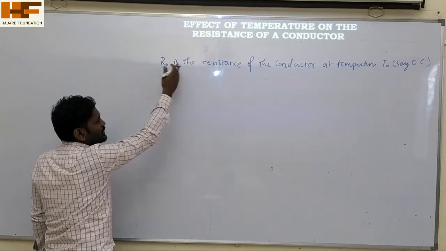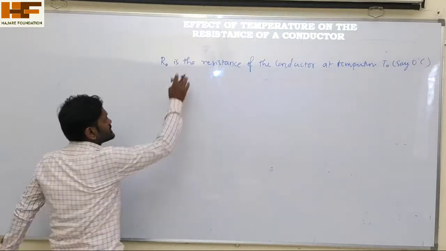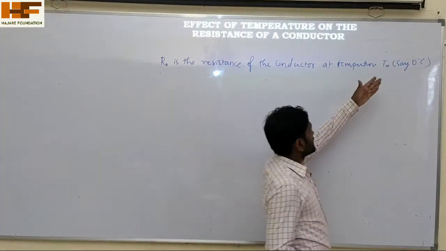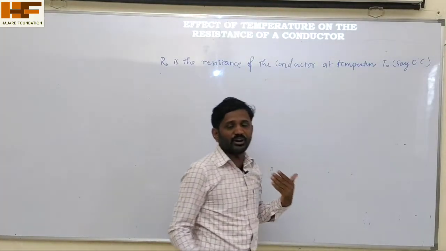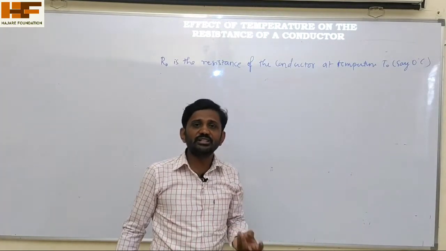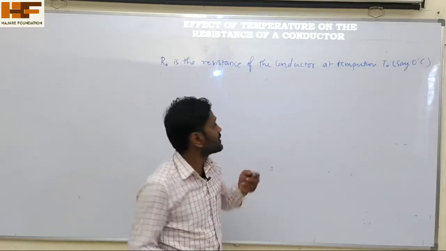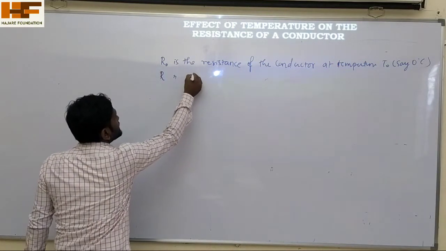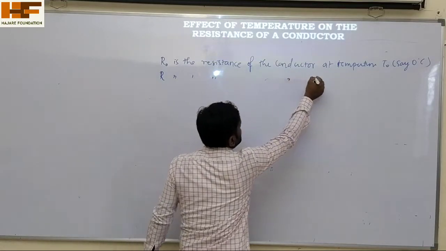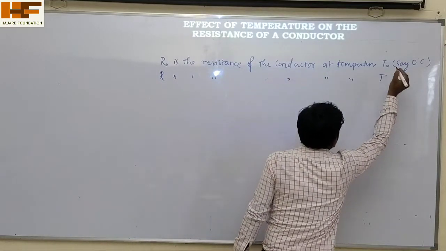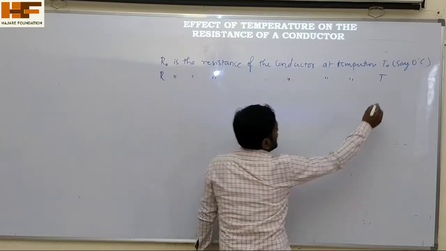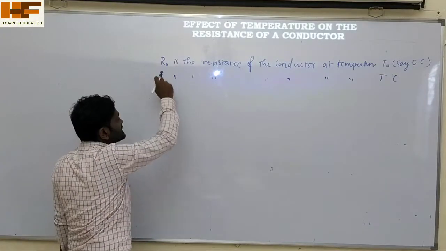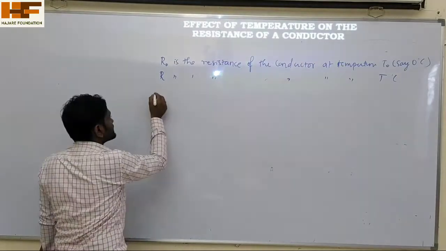We can call this the initial resistance value. When the temperature increases from T naught to T, the resistance also increases from R naught to R. R is the resistance of the conductor at the temperature T degree Celsius.